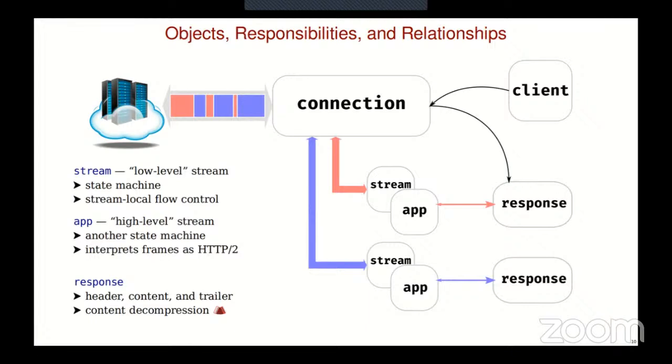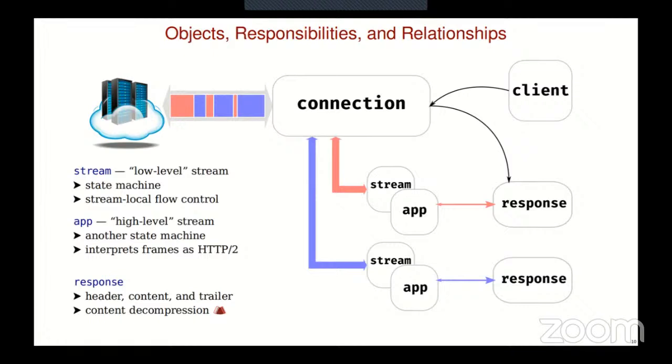The stream is actually represented by two partner objects. There's one for the low level behavior, like the protocol, the framing, the flow control, stuff like that. And then there's one that operates at a higher level that cares about things like the header that I received. Does it have a field for the status code? Is this the real response, or is this some informational nonsense?